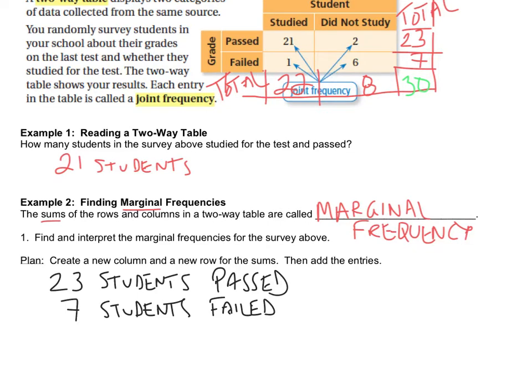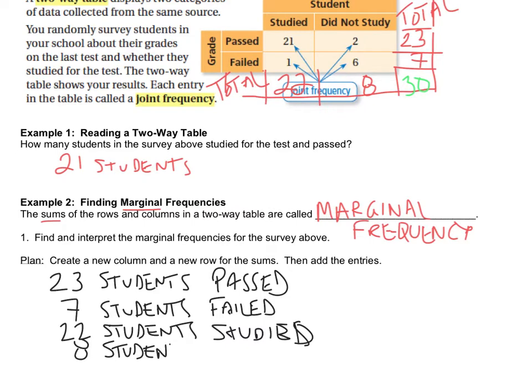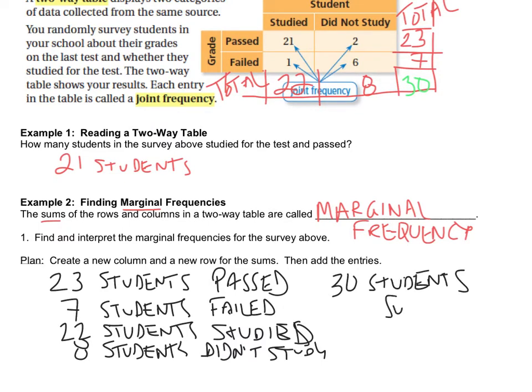Then, doing our columns down, we had 22 students who studied, and 8 students who didn't study. And maybe the last one that you want to include too is we have 30 students surveyed.